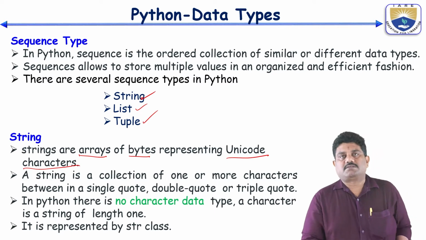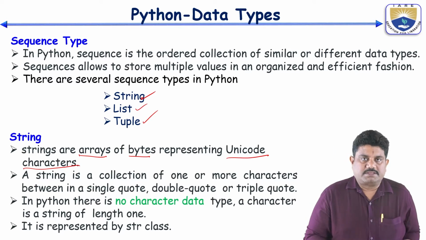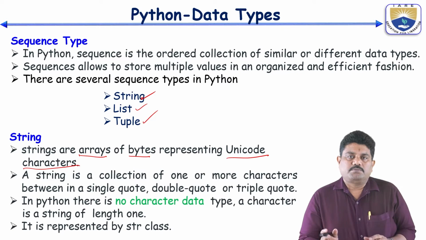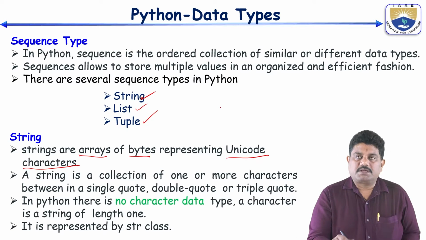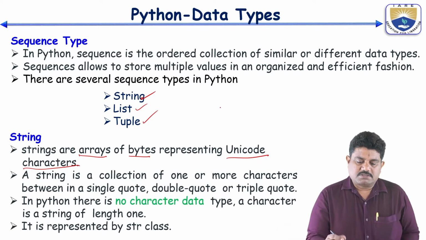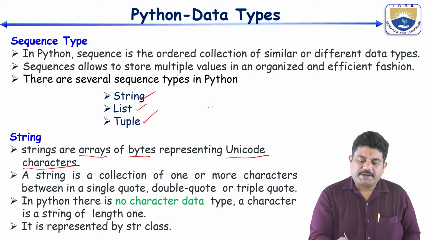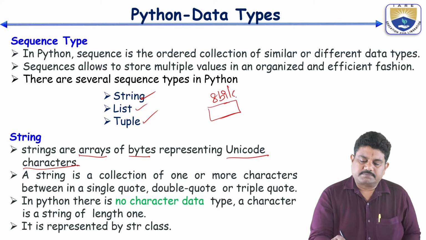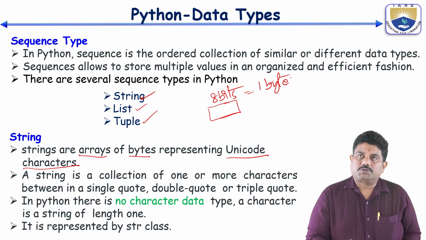An array is nothing but consecutive memory locations of bytes. Arrays of bytes: a byte is nothing but the memory space required for storing 8 bits. 8 bits equal 1 byte.